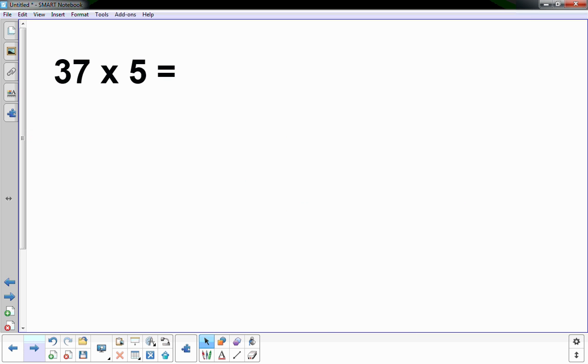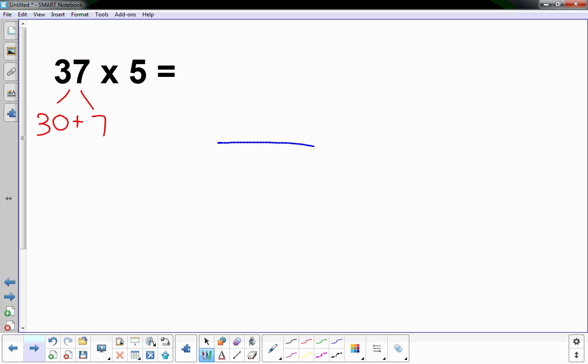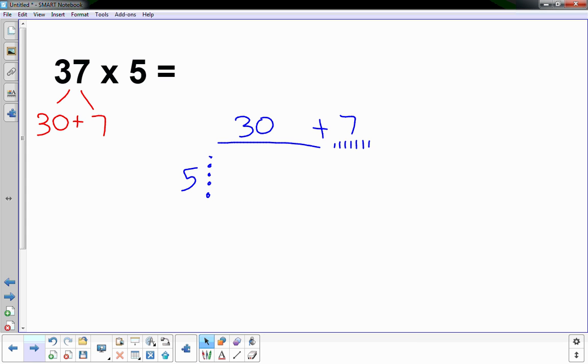37 times 5. So again, you look at 37, it's really 30 and a 7. So if I do a quick sketch, I have 30 plus 7, and then the other dimension is 5, because that's what we're multiplying it by. We're going to find the area of this region by solving the partial products.